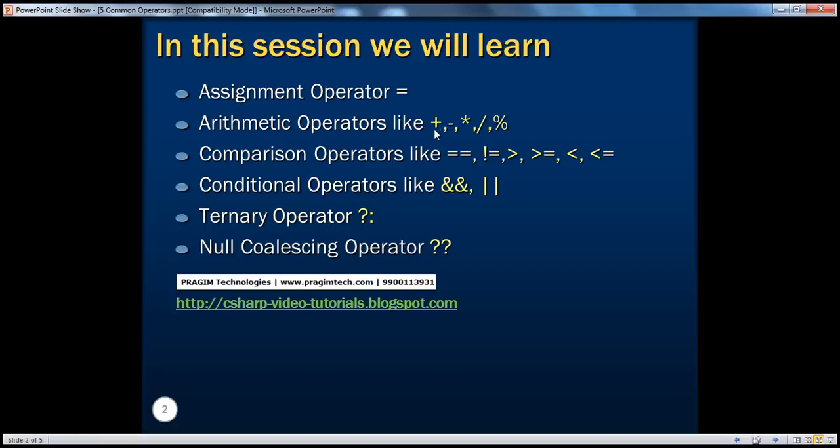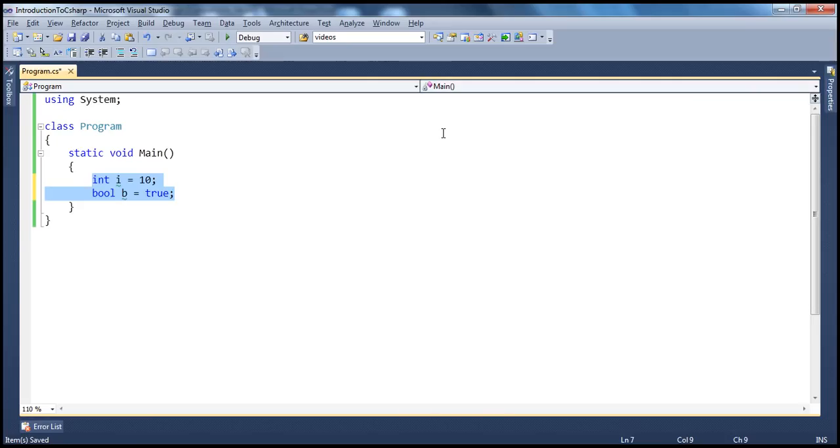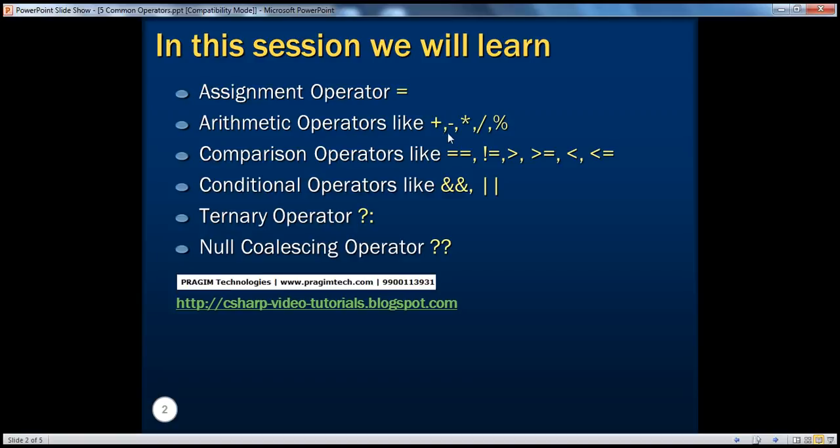Whereas we have several arithmetic operators like plus, minus, into, and as the name suggests, they do the respective operation. For example, if you want to add two numbers, you use the plus sign, and similarly for subtraction, you can use minus, etc. When you divide two numbers, you get two results.